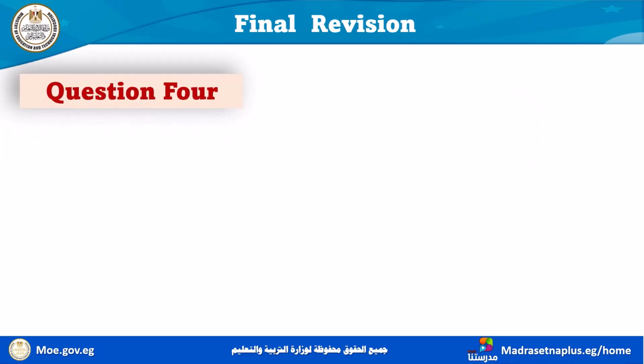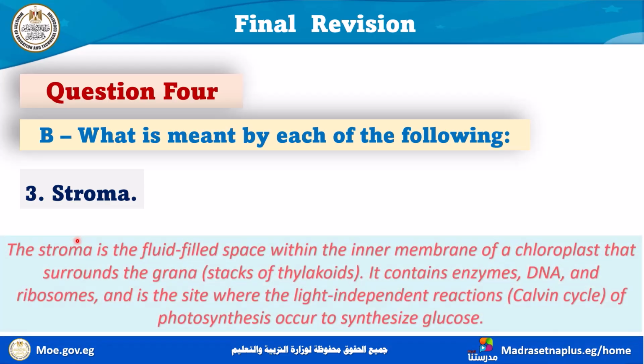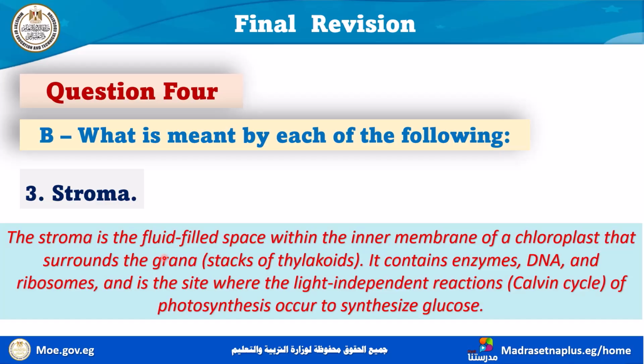Question 4 and what is meant by each of the following? Number 3. What is meant by stroma? Let's remember together what is meant by stroma. Stroma is the fluid-filled space in the inner membrane of the chloroplast that surrounds the grana, which is a stack of thylakoids as we studied in our curriculum.